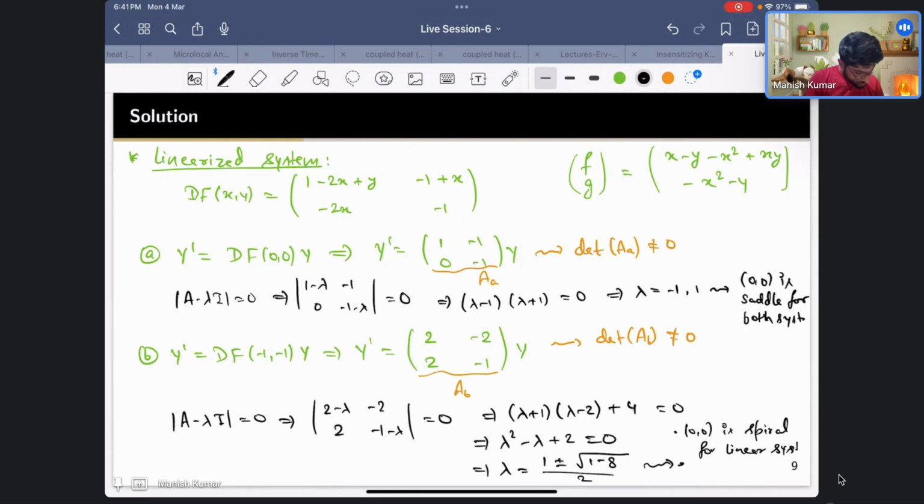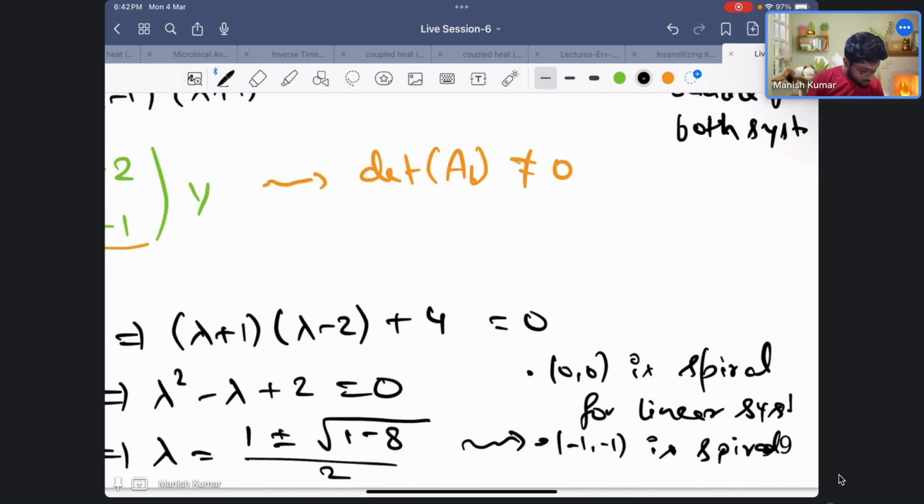And what was the point we were considering? Minus 1 comma minus 1. So minus 1 comma minus 1 is a spiral, right? It would be preserved because the eigenvalues are not equal and they are not purely imaginary. This is a spiral for the non-linear system.